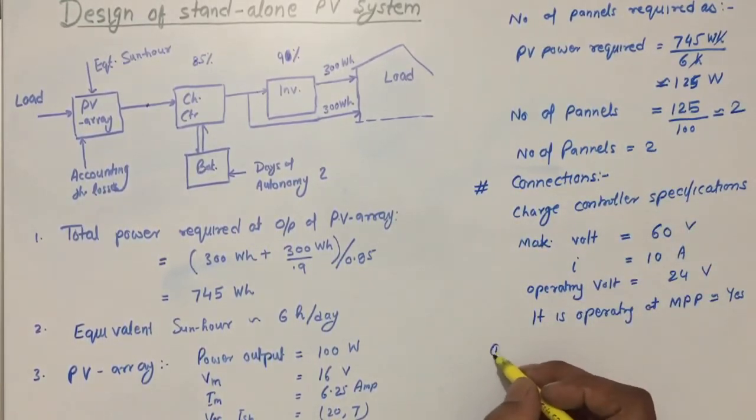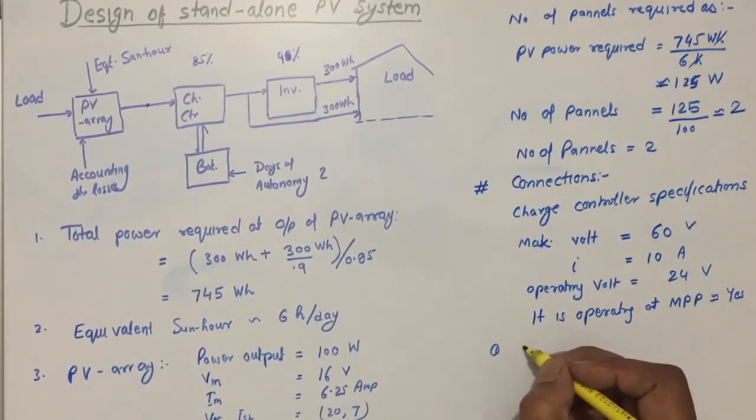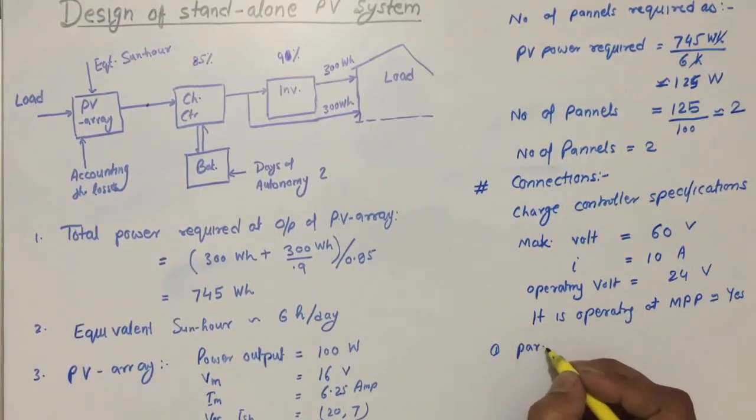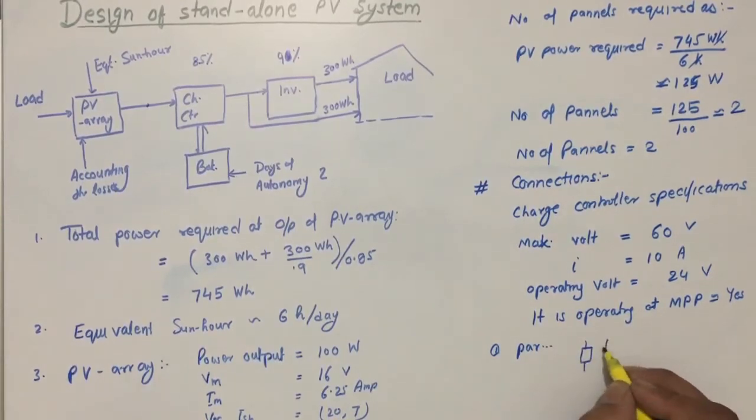So first thing, let us consider that they are connected in parallel. If 2 panels are connected in parallel, then the rating for one is 7, I short circuit is 7 ampere.